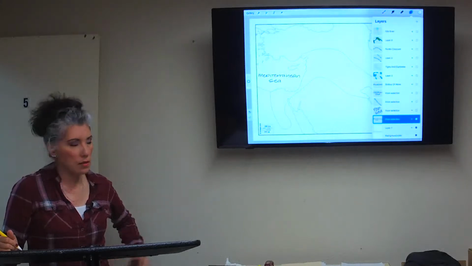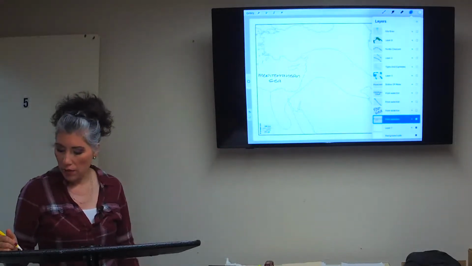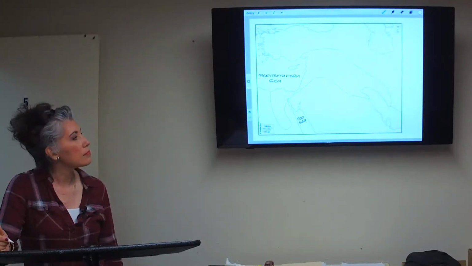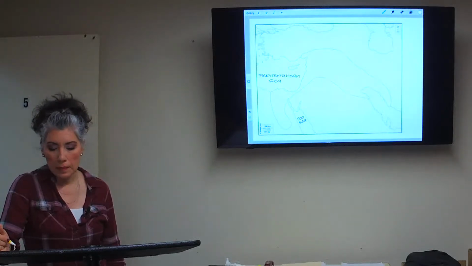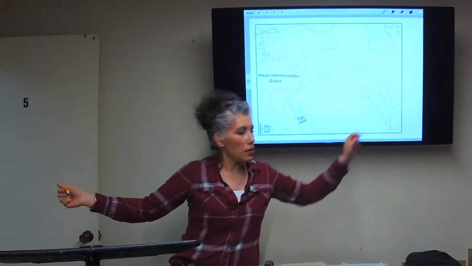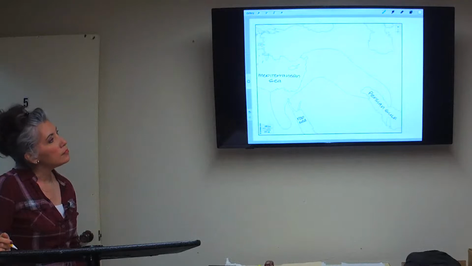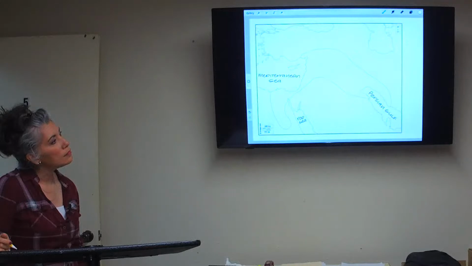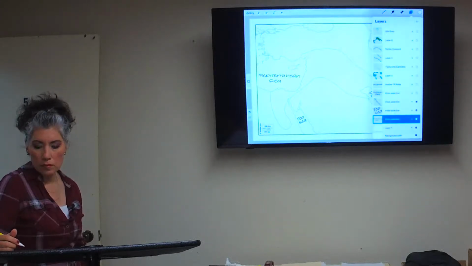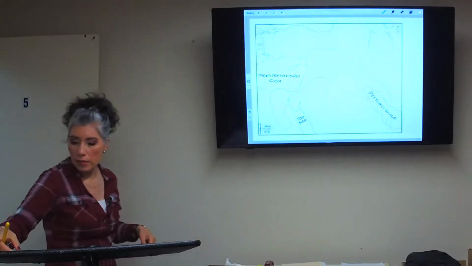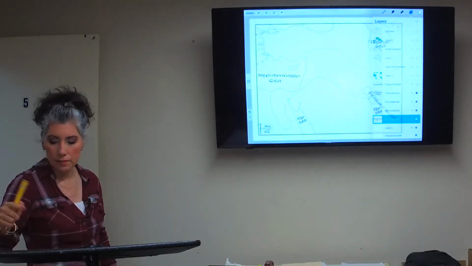The next one is this 2-fingered body of water here, and that's the Red Sea. The next one here is actually the Persian Gulf. And we have one up here toward the top, and that one's the Caspian Sea.